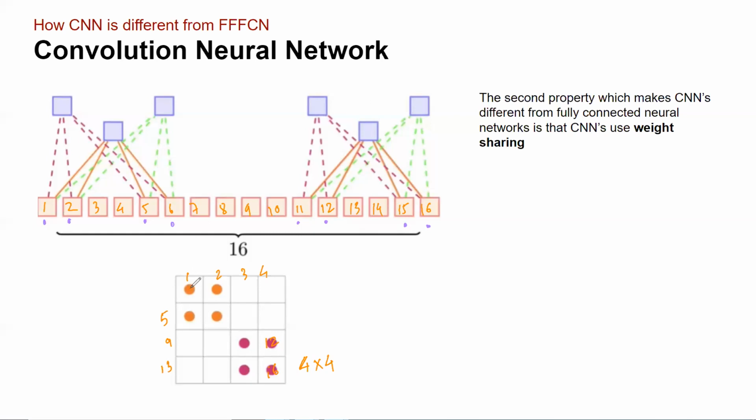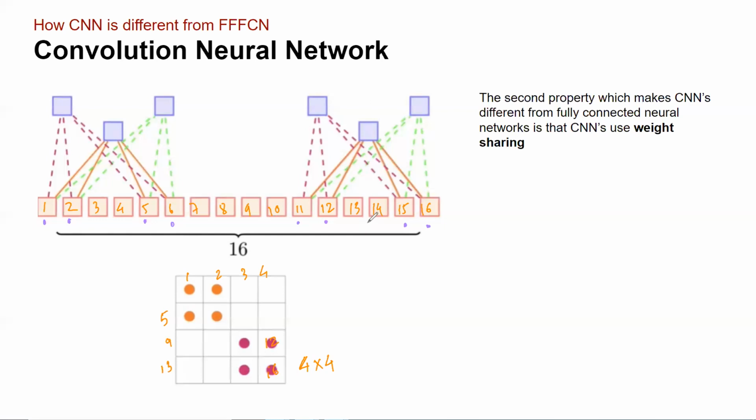The kernel is just moving from left to right and top to bottom. Whereas in case of your feed-forward network, for each of your inputs, there was one unique weight. So you see here, there's a concept of weight sharing.